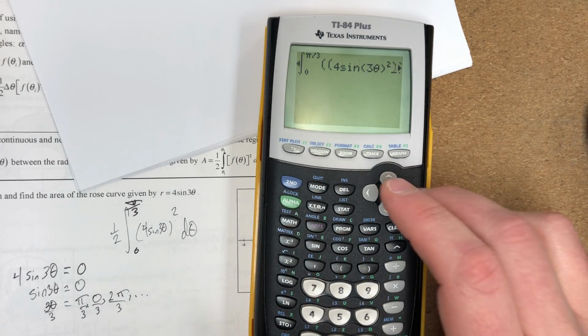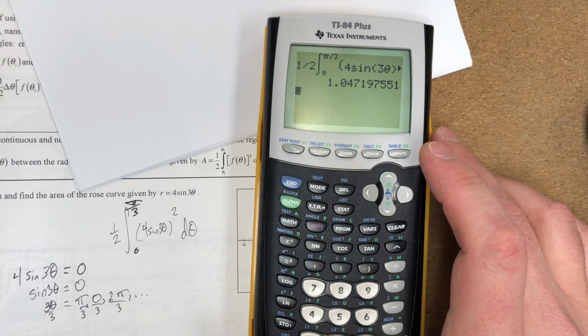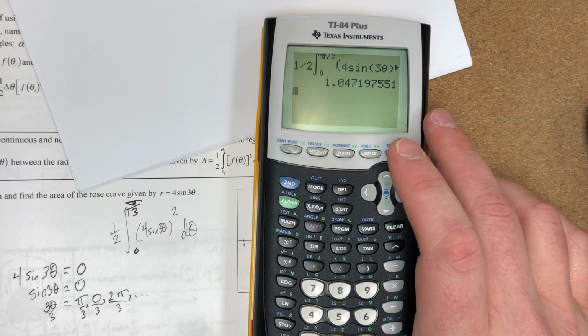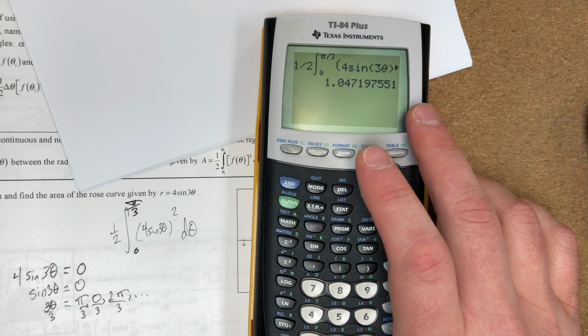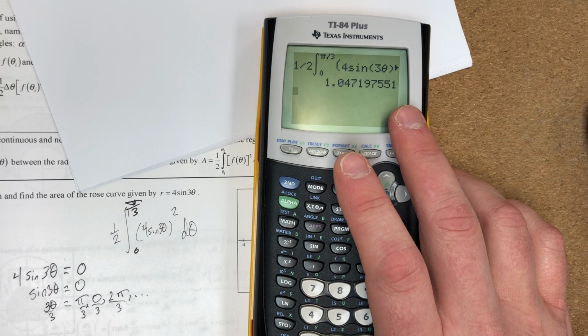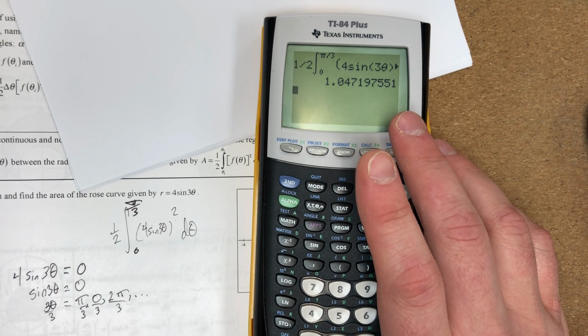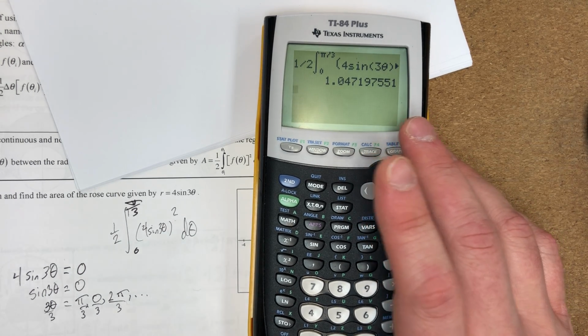And then I'll throw my squared in there, d theta. And we get this number. So that is the area of one of our petals.